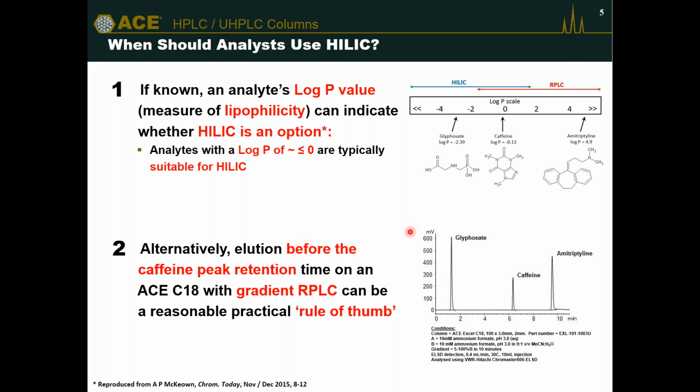If your compounds elute before caffeine, then HILIC may be an option. So this is a good practical rule of thumb to help you understand if HILIC is an option for your particular situation or not.